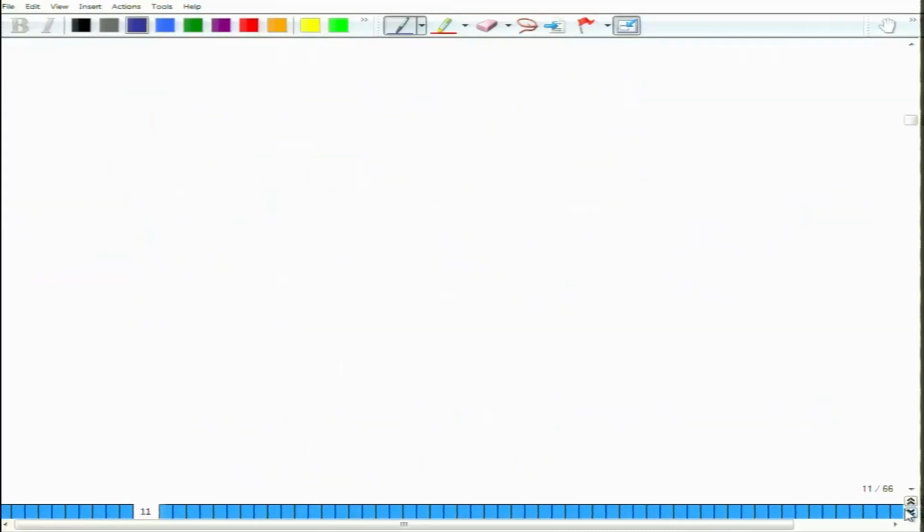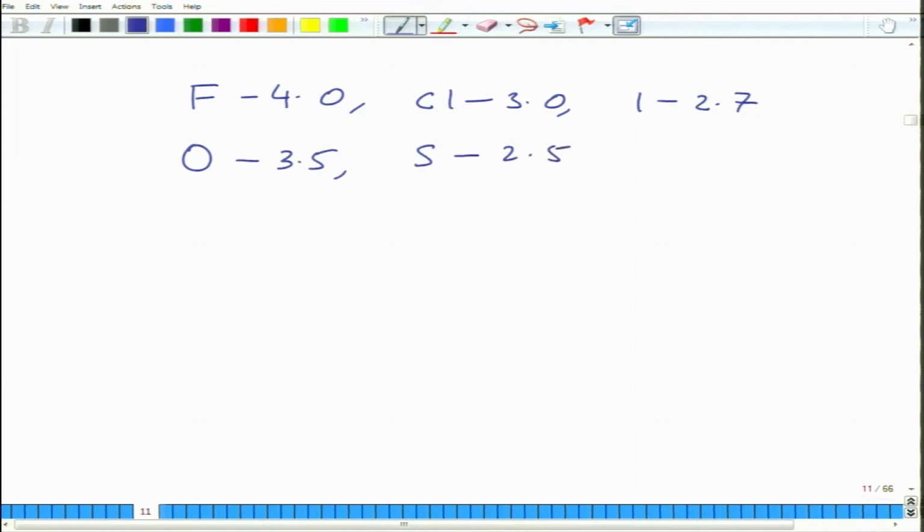Now if I go to other classes, other side of the periodic table, you start from fluorine. Fluorine has a value of 4, chlorine has a value of 3, iodine has a value of 2.7, oxygen has a value of 3.5, sulfur has a value of 2.5, nitrogen has a value of 3, phosphorus has a value of 2.2, carbon has a value of 2.5.